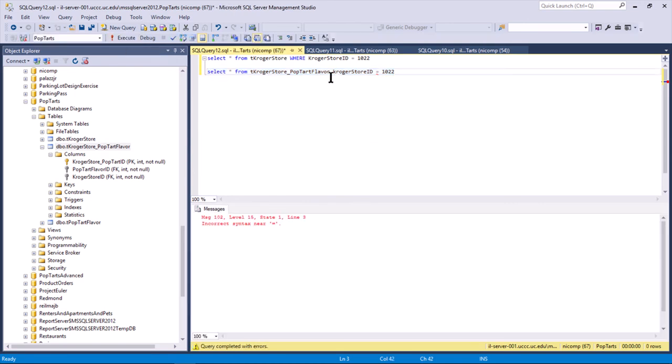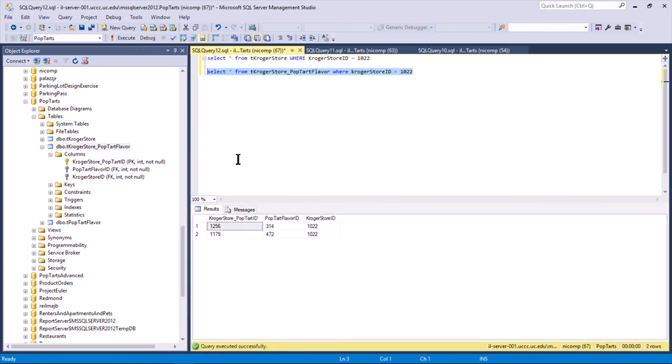I left out the where, my fault. There's 2 rows in that intermediate table with Kroger store ID 1022. What that means in the real world, in English, is that that store sells 2 flavors of Pop-Tarts.